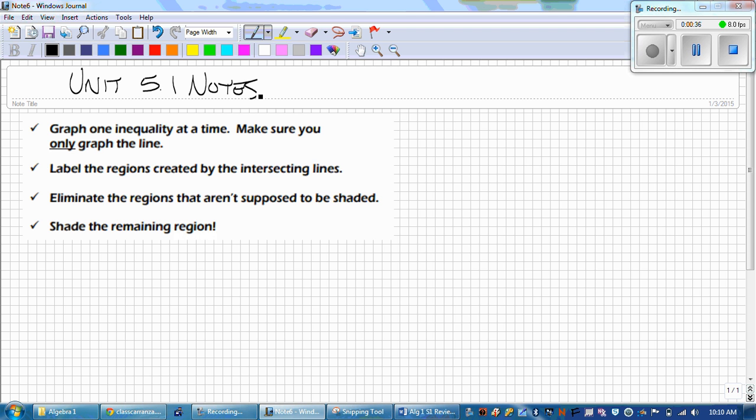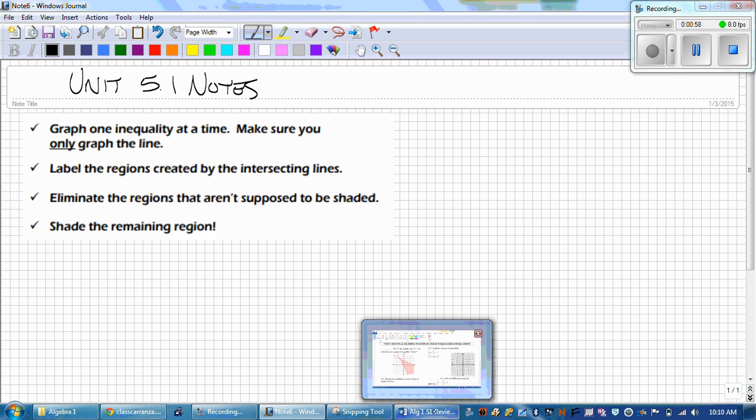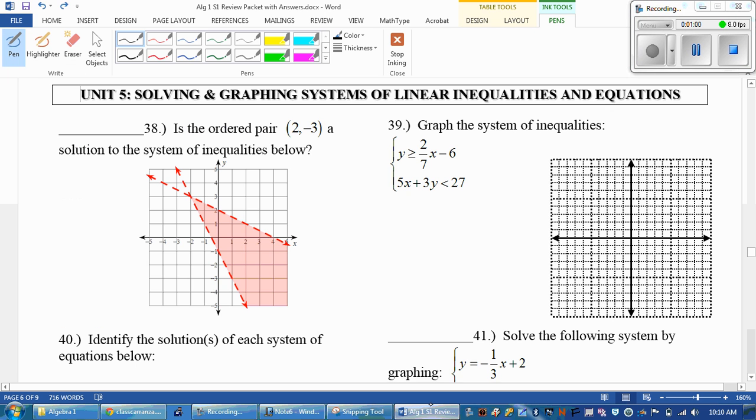Where we're talking about graphing one inequality at a time, make sure you only graph the line, label the regions, eliminate, and shade. So that's what we're going to be doing on number 39. 38 is just a little bit easier, but I wanted to throw that up there. If you need to write those down, go ahead and pause the video.